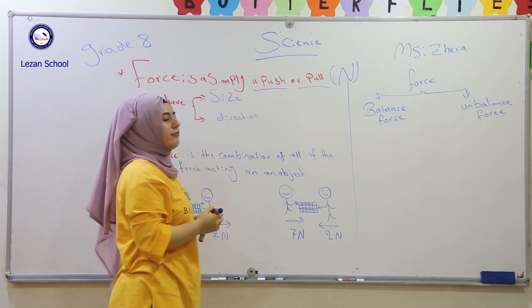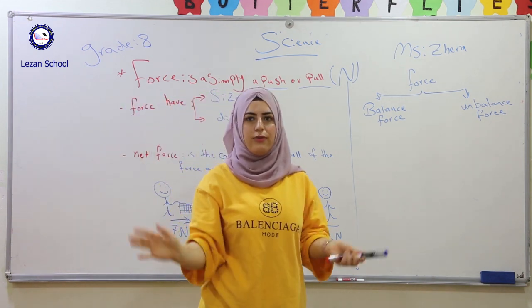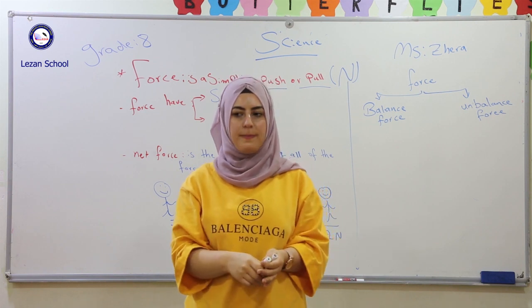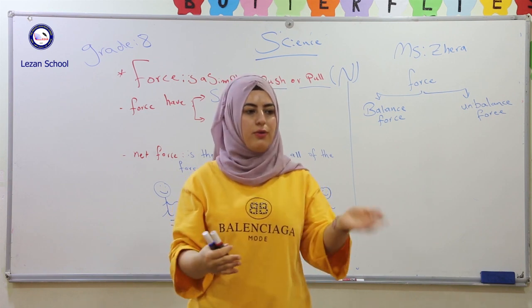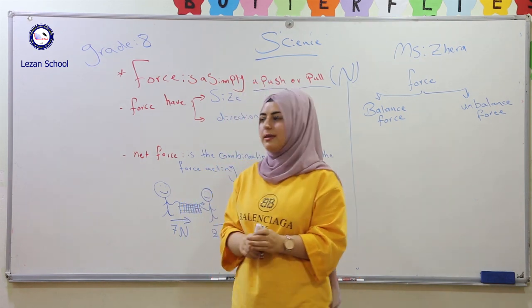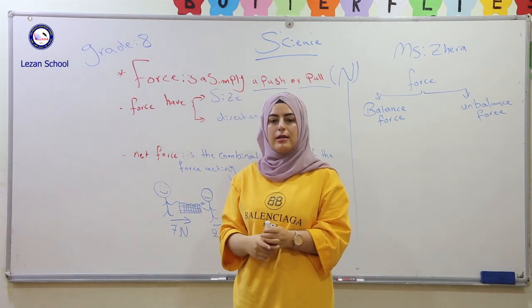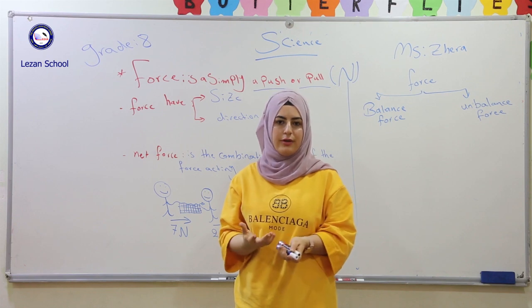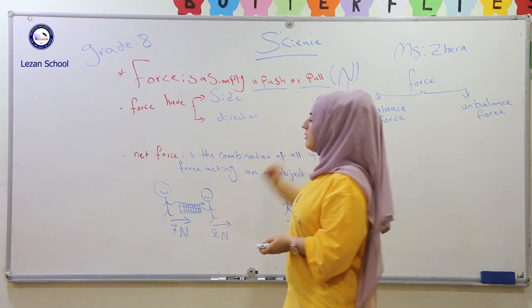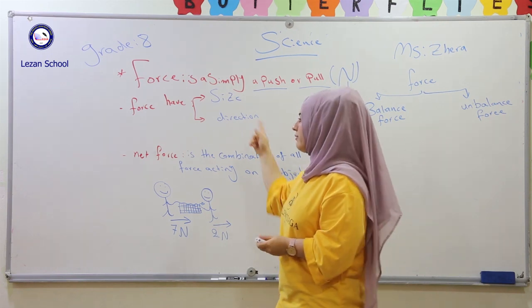The important thing is the direction: all forces around us depend on the size and on the direction, whether north, south, left, right, any direction, because when you want to calculate the force, you should know the direction of the force. This is force, what it depends on, and the unit for measuring force.